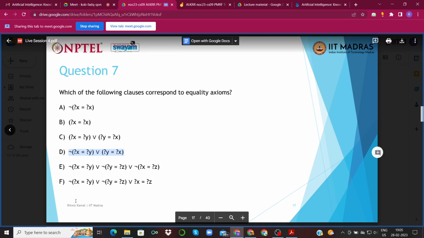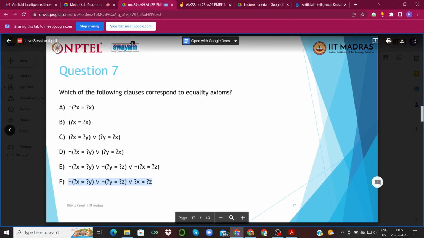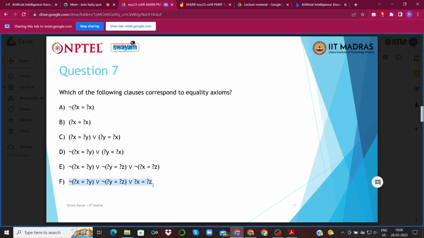Similarly, if we have a look at option F, x equals y, y equals z, and they have a not in front of it, or x equals z, right? So this basically converts to when we have x equals y and y equals z, we will also have x equals z. This is the transitivity condition.